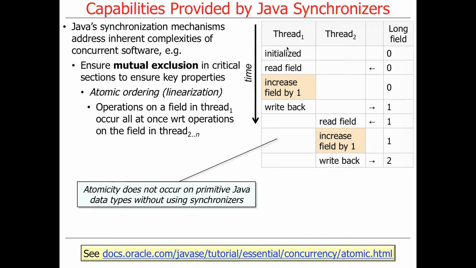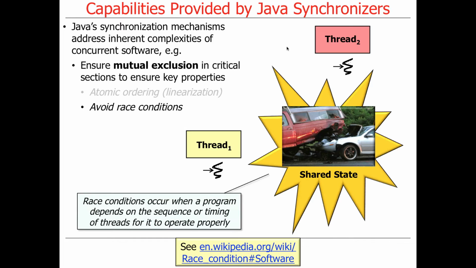If you're using primitive Java types, including things like longs, ints, shorts, and so on, or chars, then you don't get atomicity out of the box with respect to things like incrementing the values. You have to do something else. You have to use synchronizers somehow, as we'll see shortly.